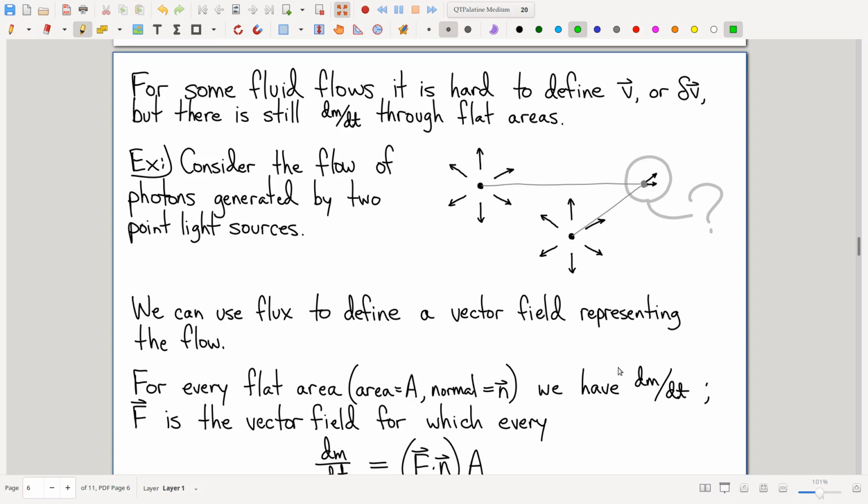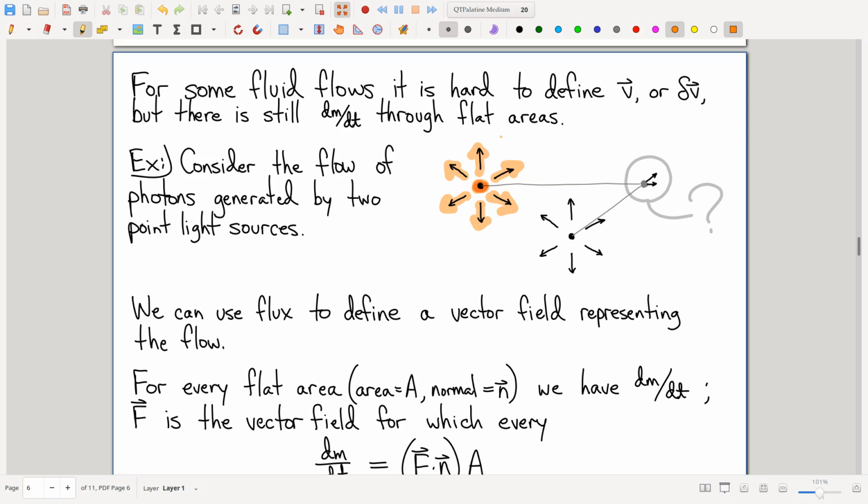Just so you know, here's a different kind of a fluid, and that is light. You have a light bulb right there. Well, it generates photons that flow outward like so. And that's a fluid, isn't it? Kind of. It's not wet, right?